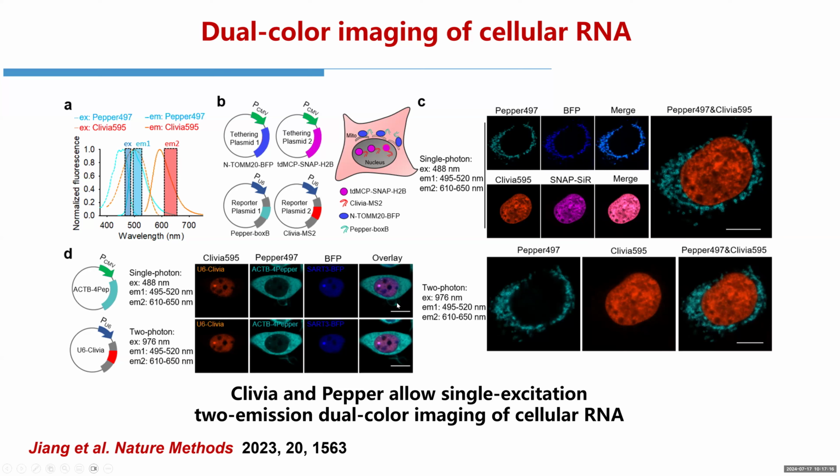By this means, we can minimize the phototoxicity of dual-color imaging. In most cases you need two lasers, but here you need only one laser due to the long Stokes shift properties of Cleaver fluorescent RNA. Here we show that two mRNAs and two proteins can be imaged together by four-color imaging in a single cell.